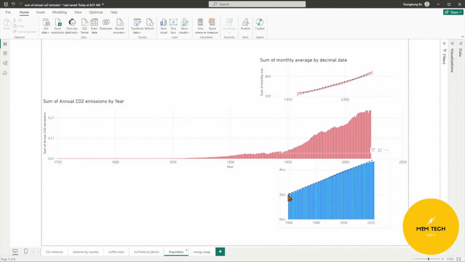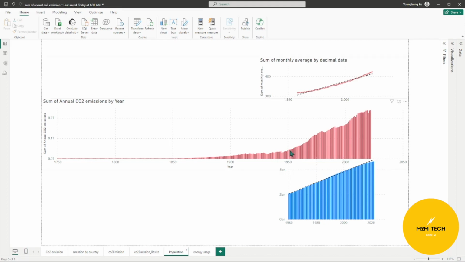As you can see, the starting point from 1960 is 2 billion, and now it's more than 4 billion in here. So it's more than doubled, like 2.5.